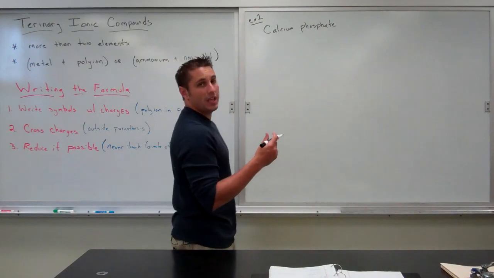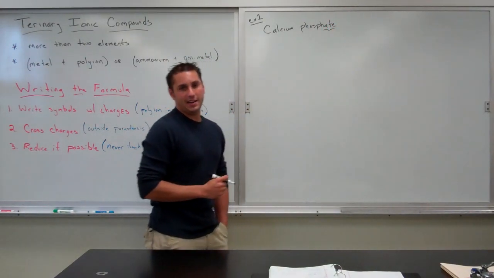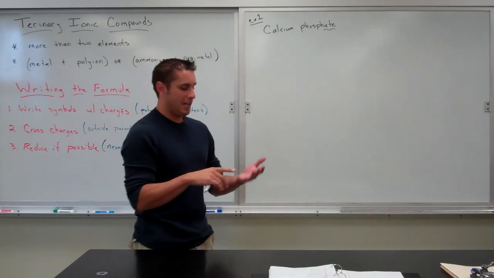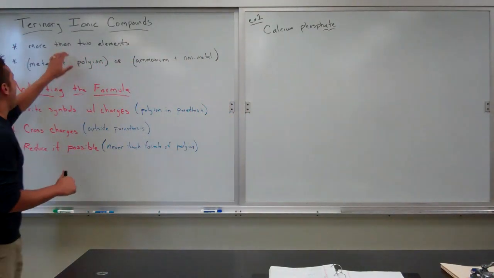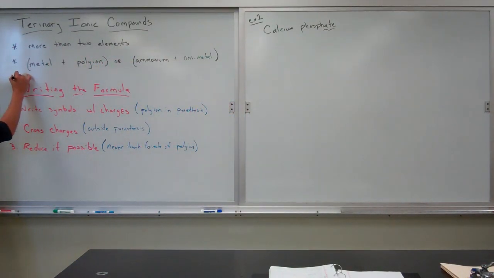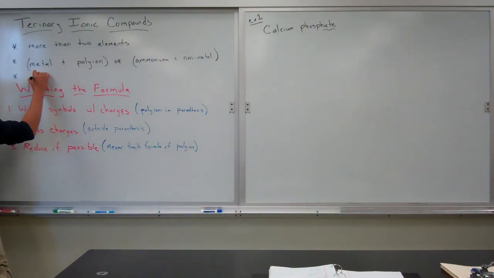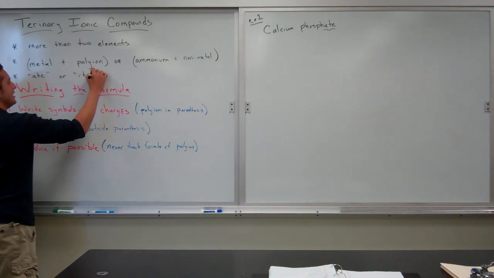The trick to knowing it when you're looking at the words is by zeroing in on the ending. Two key endings that always tell us polyions are ate and ite. Now I'm going to add that here as one of our characteristics. More than two elements, it's a metal plus a polyion, or ammonium plus a nonmetal. But the biggest thing that will indicate it is you will see an ATE or ITE ending.